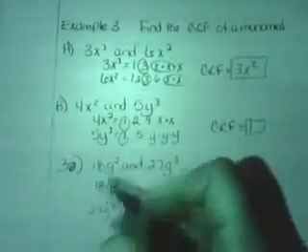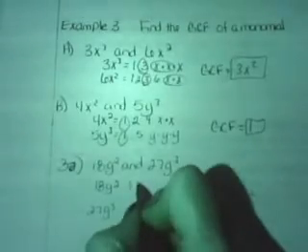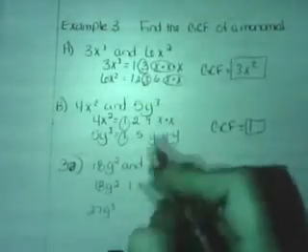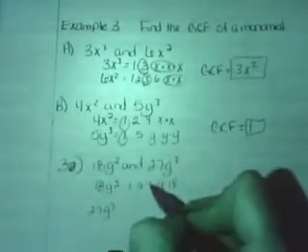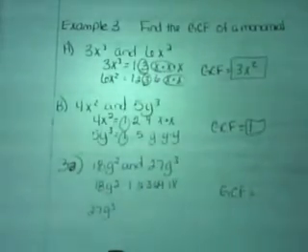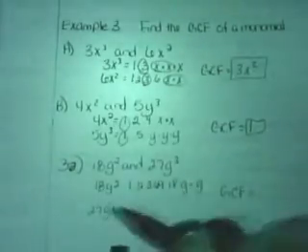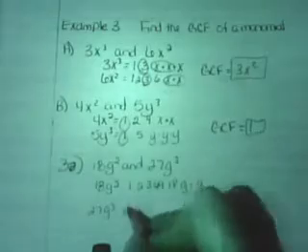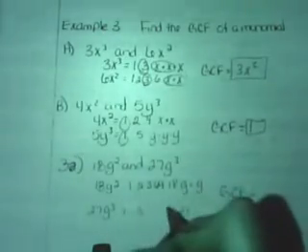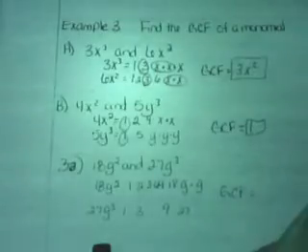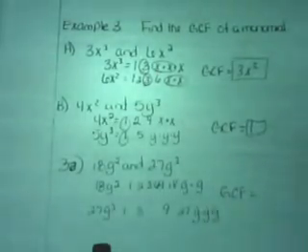Well, 18, my factors are 1 and 18, 2 and 9, 3 and 6. g squared breaks down to be g times g. My factors of 27 are 1 and 27, 3 and 9. g cubed breaks down to be g times g times g.